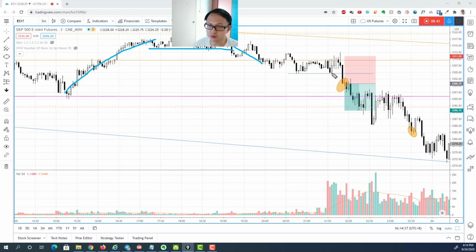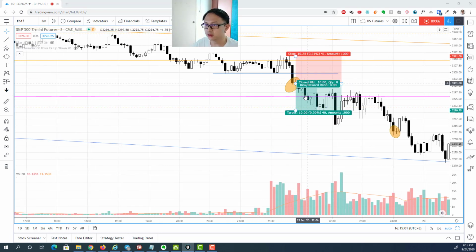Quite a lot of times we will see a breakdown that looks bearish, but during the US opening it could just go down a bit and then reverse strongly and keep going up. So I just don't want to get stopped out in this kind of scenario. So I waited for the US opening and see what's actually happening.